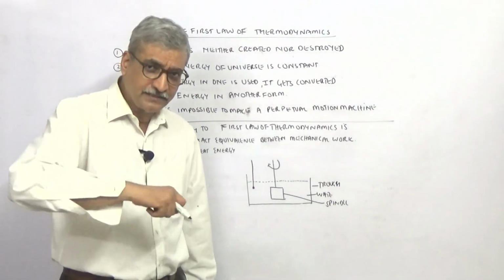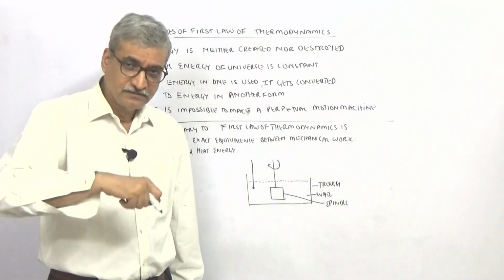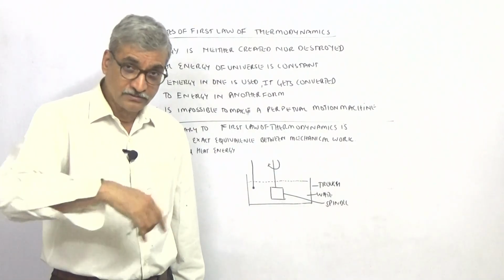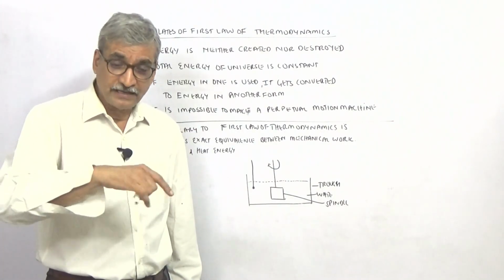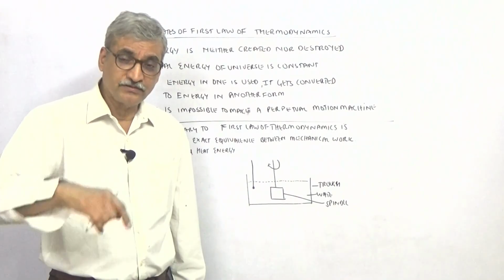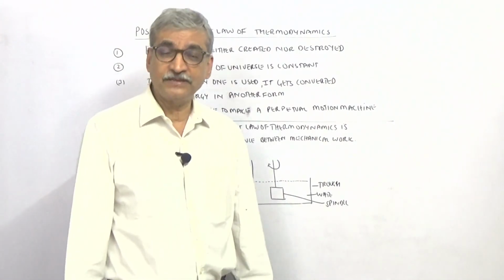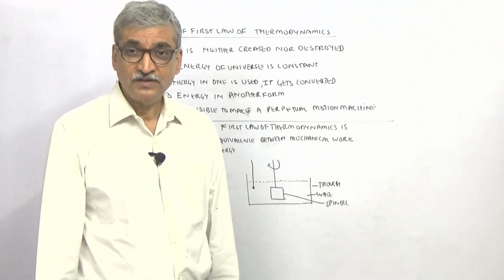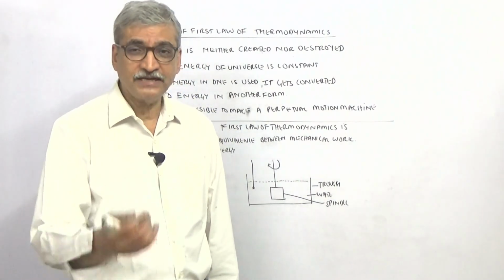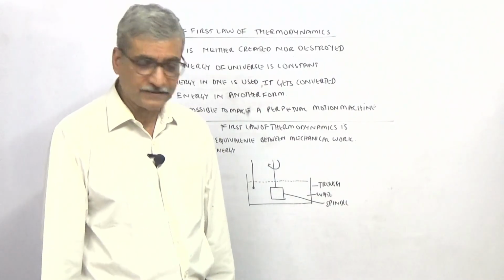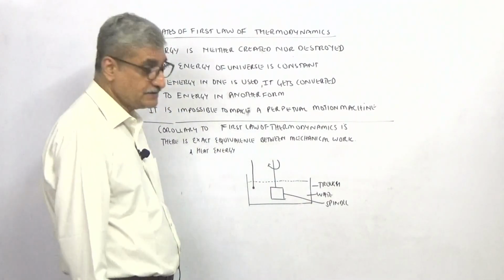So when he was rotating, remember the molecules of water are also moving, and kinetic energy gets converted to temperature. Kinetic energy is a function of temperature. So the temperature of the water rose. Temperature of water rose means energy was created. Heat energy was created.